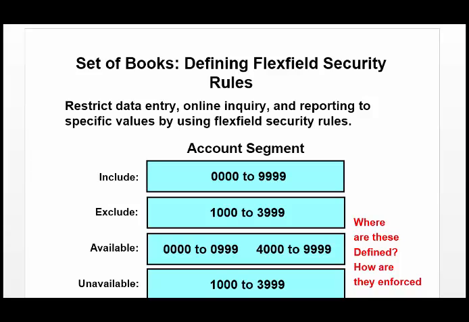So where we define these rules is in the employee profile table, which defines the employee, the roles, and the responsibilities. We also specify the security rules, what accounts they have access to, what they cannot access, what they can report on, what they cannot report on.